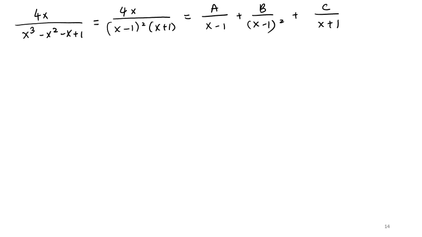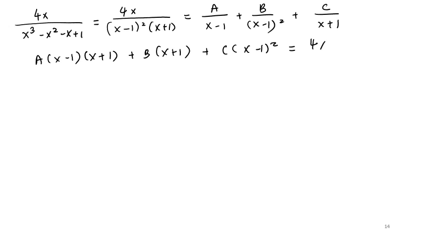Okay, so now we want to find out the values of A, B, and C. So we just figure out a system of equations. You can skip this if you don't want to see, but I'm just going to proceed to do it. This equals 4x.